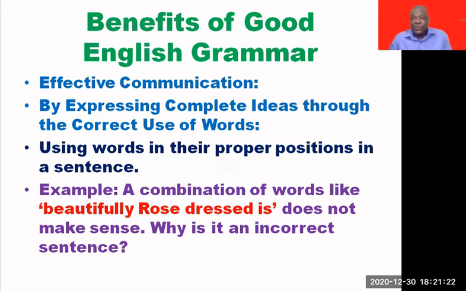Grammar enables you to arrange words in their proper positions within the sentence structure so that you will be able to convey complete meaning and express a complete thought and convey your message or your intended meaning with clarity. All right? So those are the benefits of good English grammar. Okay, let's go further.